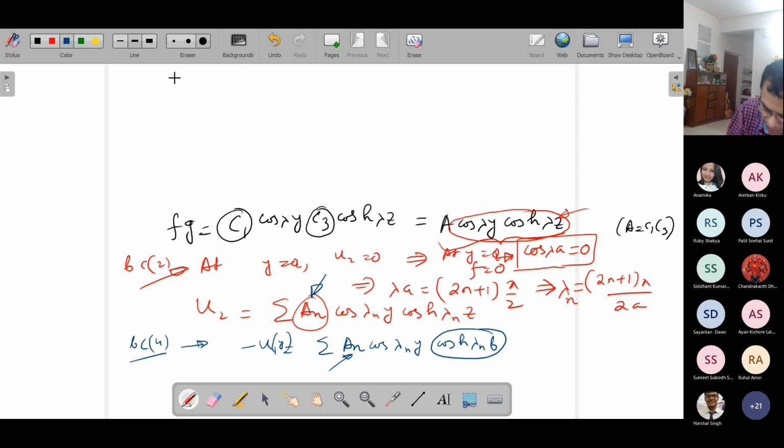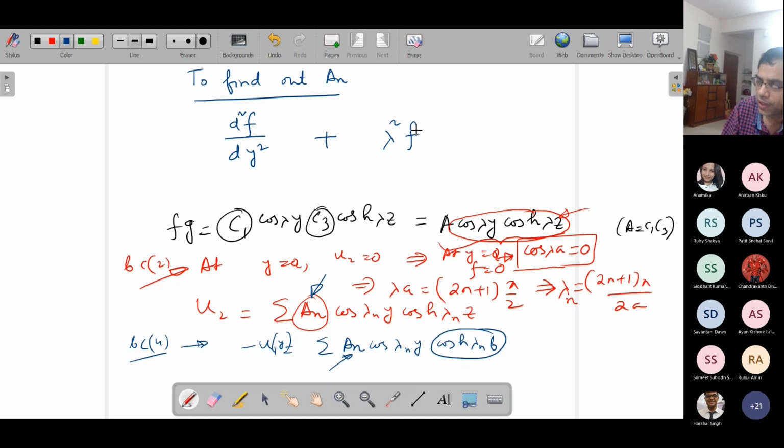So whatever exercise we are doing here, the objective is to find out an. So we will write the governing equation for f. So d2f dy2, I'm just writing it in a bit of a scattered manner with a purpose, because we'll write something in these intermediate free spaces. So this is equal to 0.